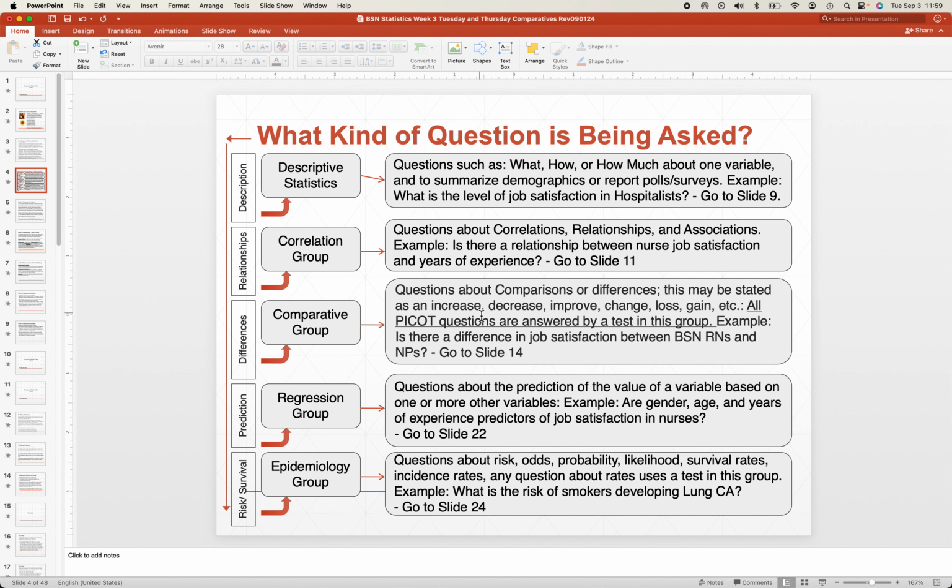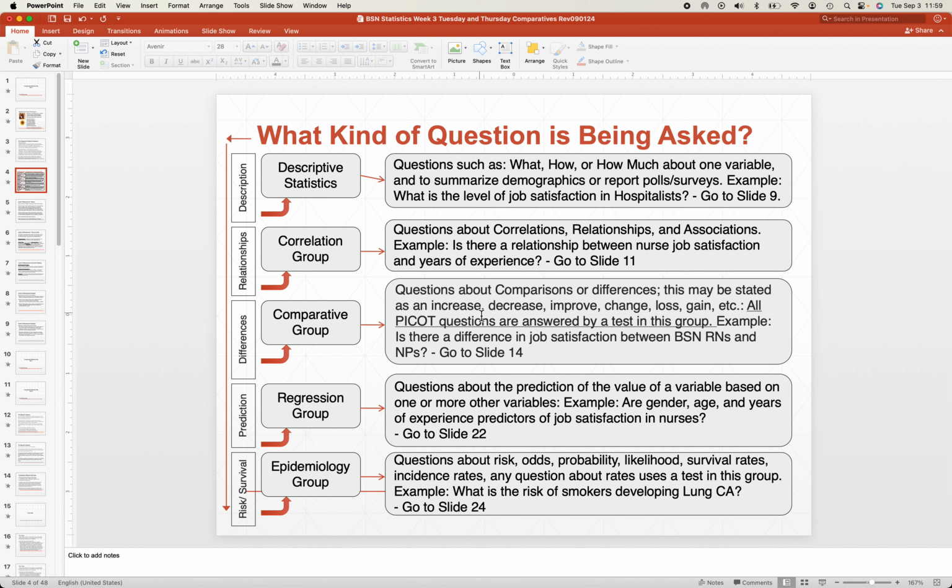Regressions, again, get into prediction. So we might have, as an example, a question such as, are gender, age, and years of experience predictors of job satisfaction in nurses? For our vaccine fatigue, it might be something very similar. Are gender, age, and number of vaccines someone has been given over the years, are those predictors of vaccine fatigue?